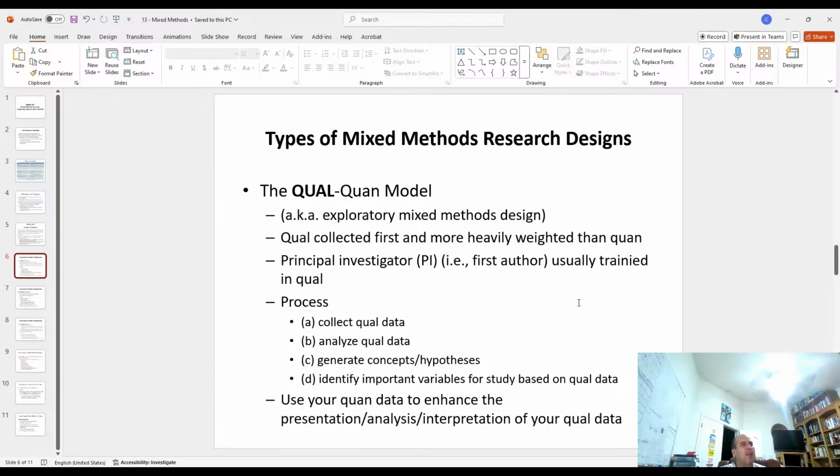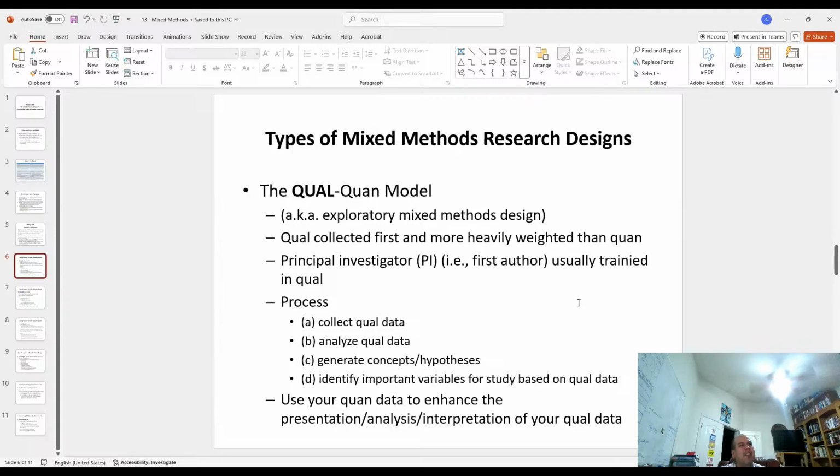The principal investigator, which is really the person guiding or directing the study, is usually trained in qualitative research. So the process is you collect qualitative data, you analyze the qualitative data, you generate concepts or maybe even hypotheses, you identify important variables for the study based on the qualitative data, and then you use your quantitative data to enhance the presentation of your qualitative data.